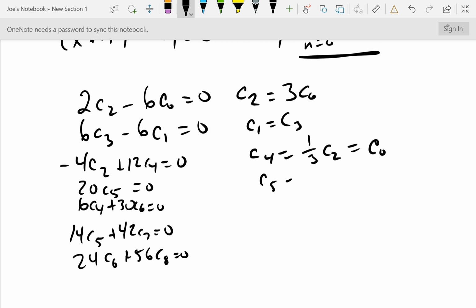This tells us that C5 is 0. The next one tells us that C6 is 1/5 of C4, which means that is 1/5 of C0. So since C5 is 0, C7 also has to be 0.